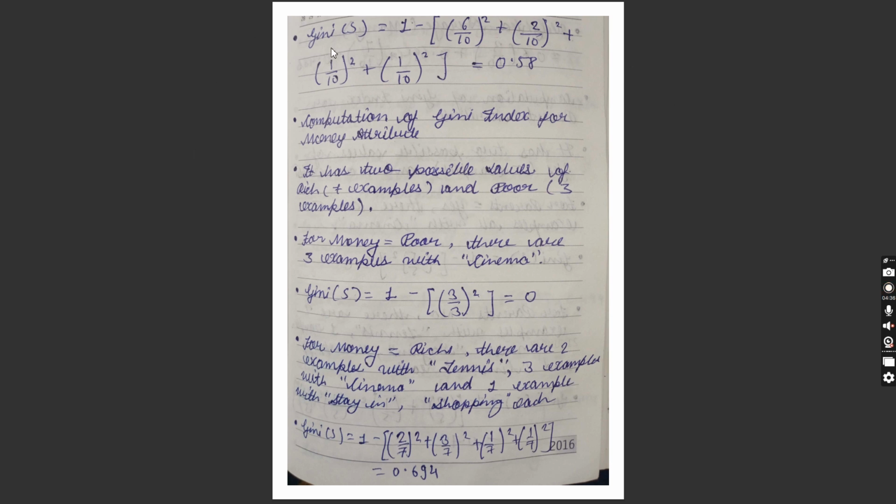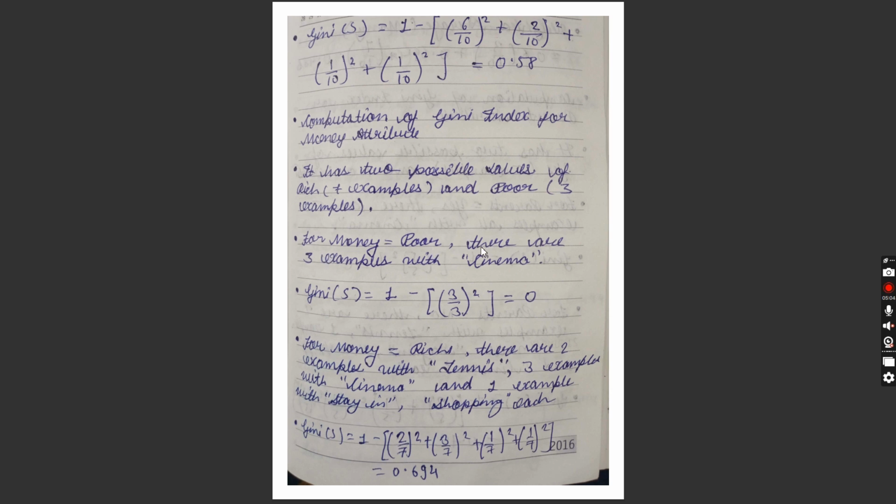To calculate the Gini index, the formula is: 1 minus the sum of the squares of the probabilities of instances. Computation of Gini index for the money attribute. We will compute the Gini index for the money attribute first. It has two possible values: rich, 7 examples, and poor, 3 examples.